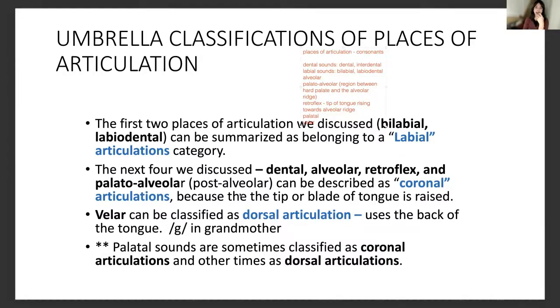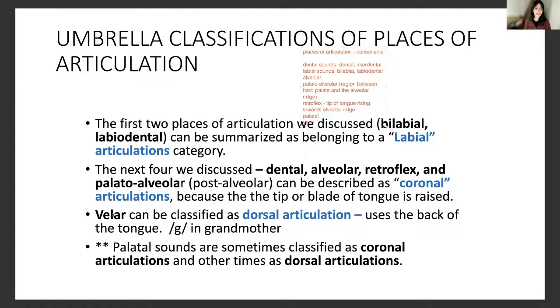So the tip or the blade is la parte de al frente de la lengua. So maybe you can think about that as being la corona de la lengua. So the tip of the tongue or the blade is raised towards any of these regions. So oftentimes people will call them coronal sounds because they have this similarity of the same part of the tongue approaching them.